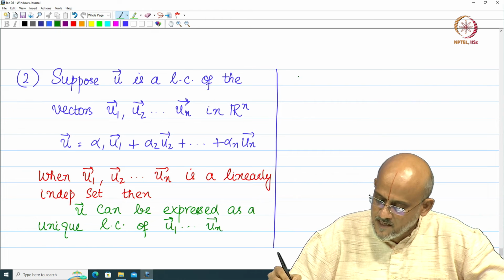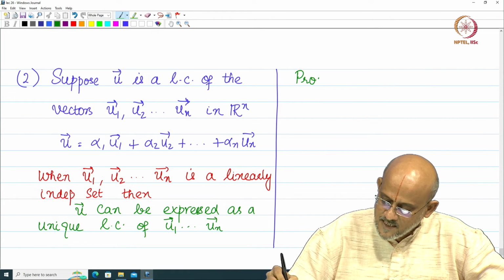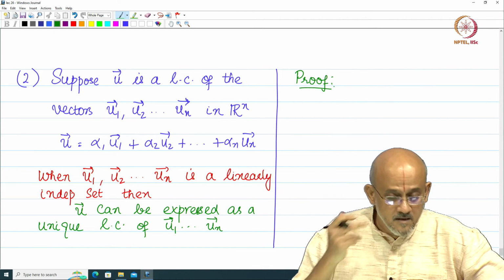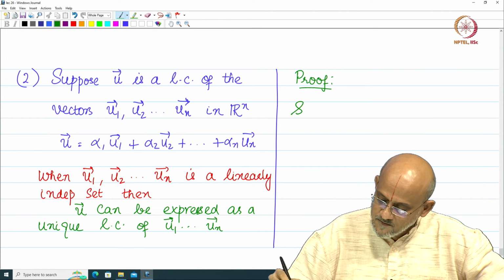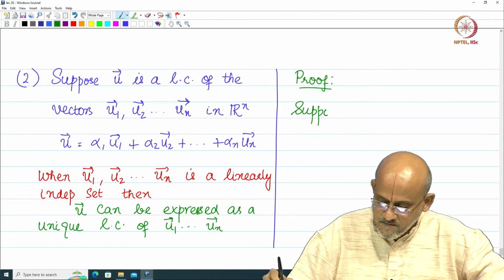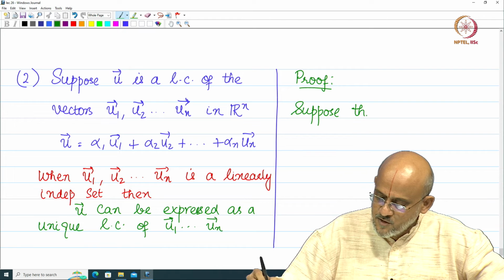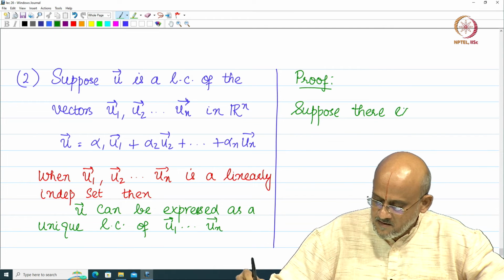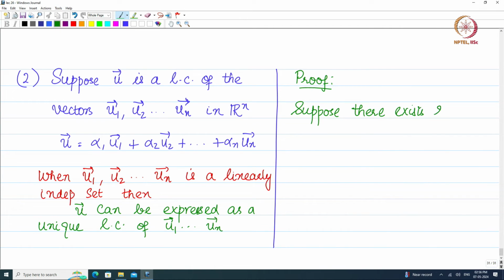So how do we do this? Let us quickly look at a small proof, we will understand it better. Suppose there exist two linear combinations for u in terms of the linearly independent vectors u1 to un.